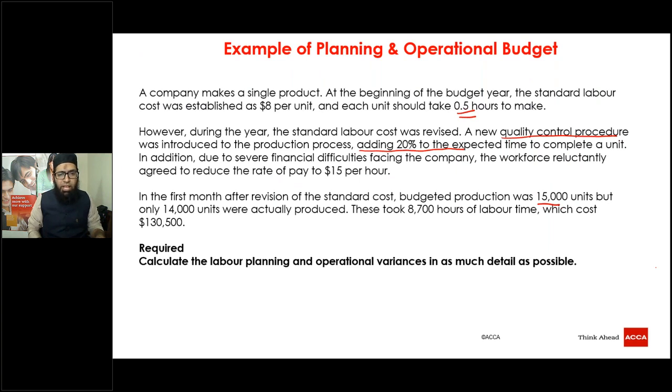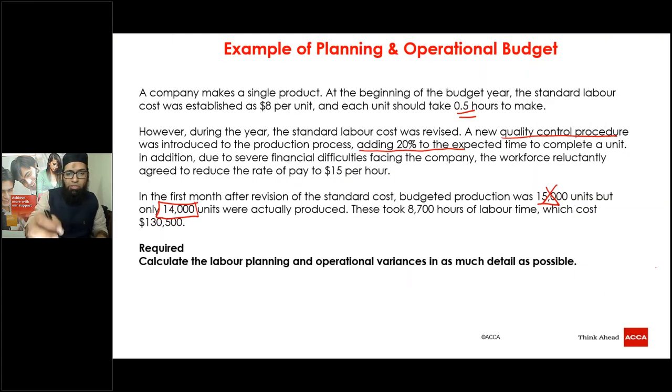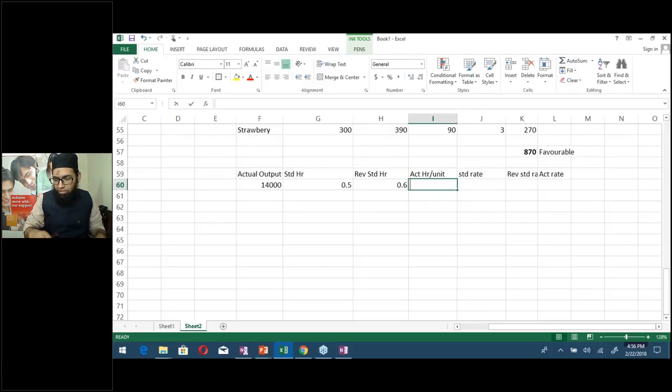Now let's calculate the actual hours per unit. Sorry, this was the budgeted production. I put it wrong. The actual production was 14,000. So let's replace that. It will be 14,000. Now the actual hours per unit will be 8,700 divided by 14,000.